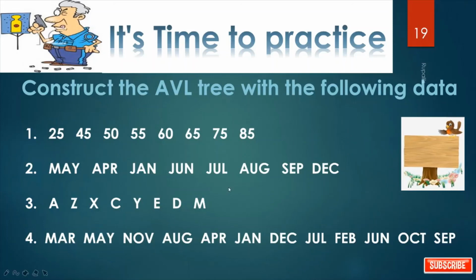Now see example number 2 and 4. The month names are there. But months have a definite sequence like January, then February, then March. But don't follow the month sequence. You have to follow the dictionary rule. Means what?